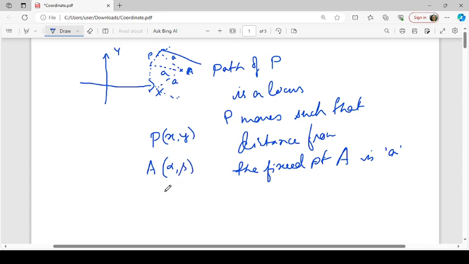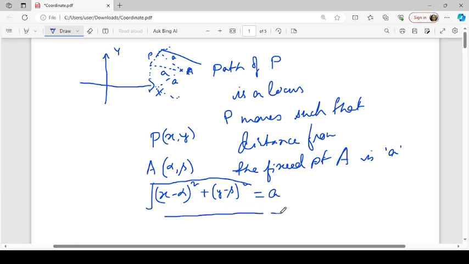Then the distance between P and A is the square root of (x minus alpha) whole squared plus (y minus beta) whole squared. So this is equal to a. And this is the equation of the locus, equation of the path.